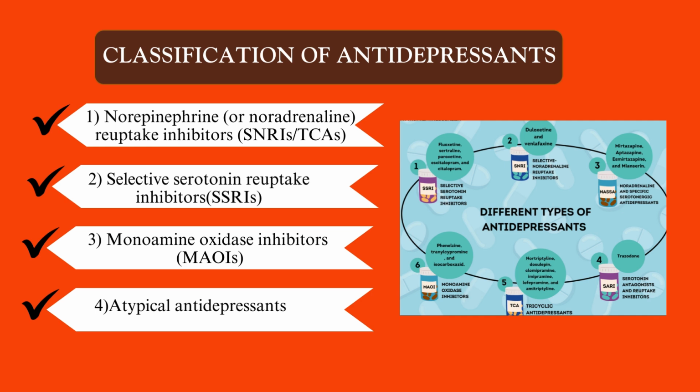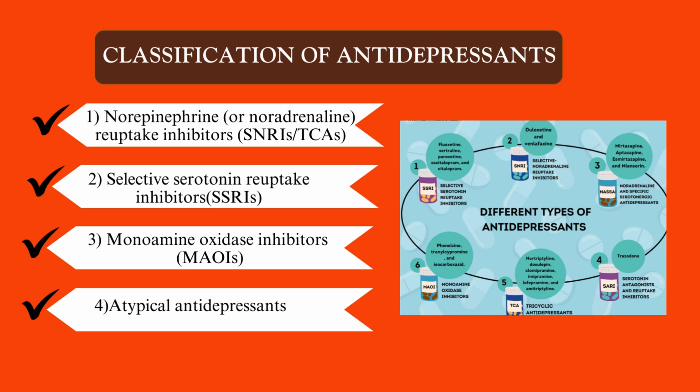Let's move on to the classification of antidepressants. They are categorized into four types: norepinephrine or noradrenaline reuptake inhibitors, also called SNRIs or TCAs, selective serotonin reuptake inhibitors or SSRIs, monoamine oxidase inhibitors or MAOIs, and at the last, atypical antidepressants.